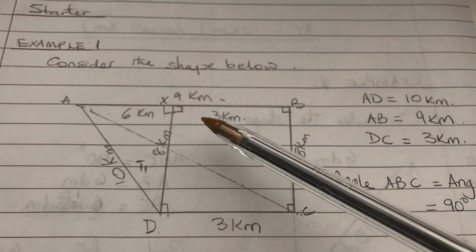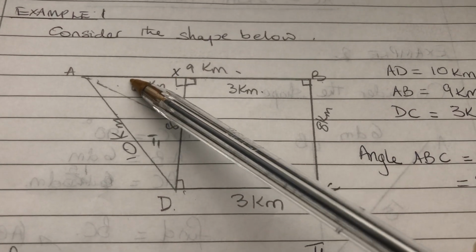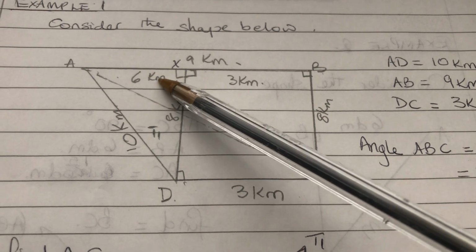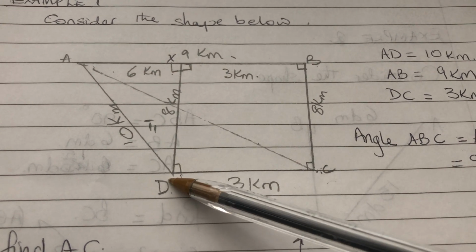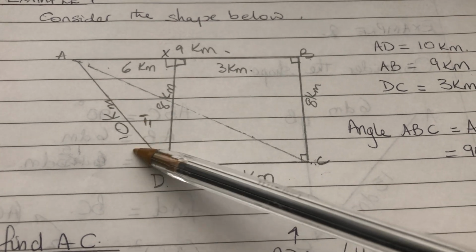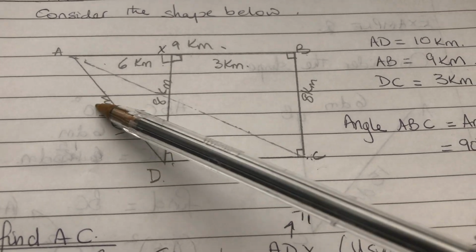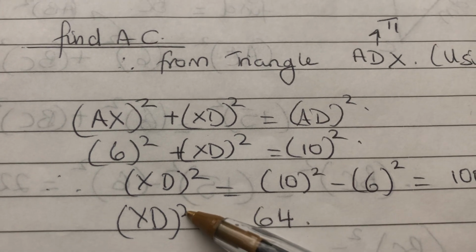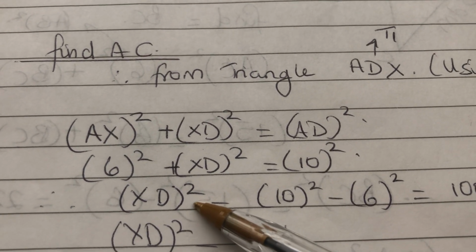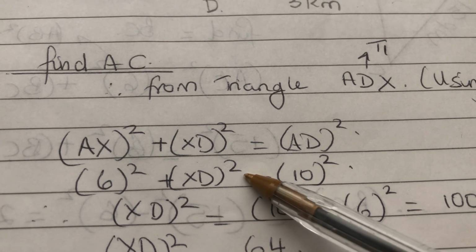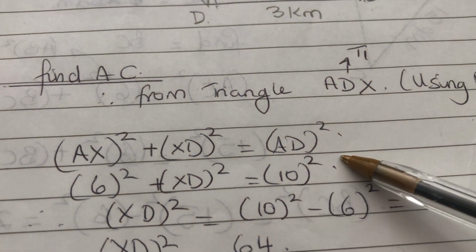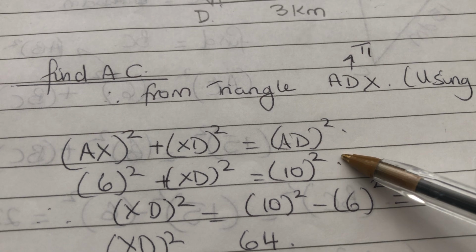So this 6 all squared plus XD all squared will be 10 all squared. That is your AD. So 6 squared plus XD all squared will be equal to 10 all squared.